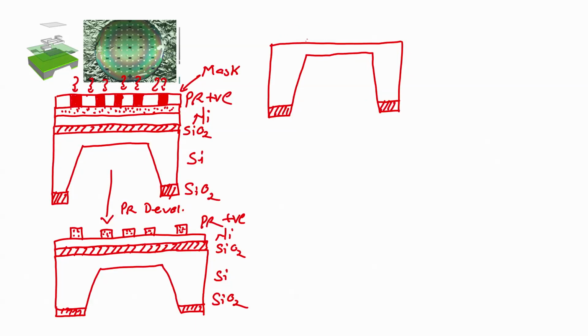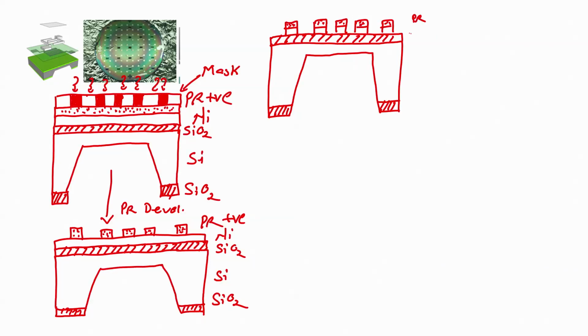If I etch nickel, right, the nickel will get etched wherever photoresist was not there, right. Wherever the photoresist was not protecting nickel, it will get etched.